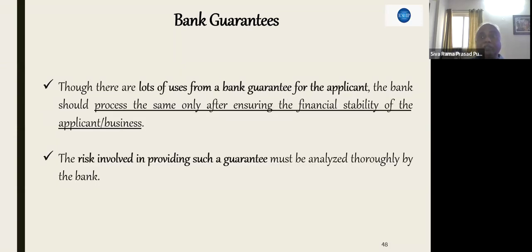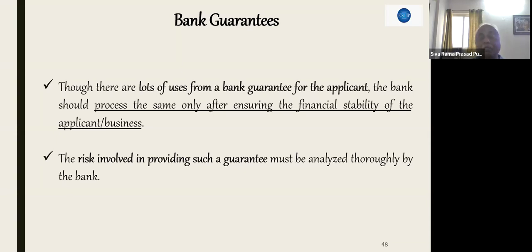Though there are a lot of uses of bank guarantees for the applicant, the bank should process them only after ensuring the financial stability of the applicant. Even if everybody asks for a bank guarantee, banks are not giving it, even for a contract, if they don't see financial stability.